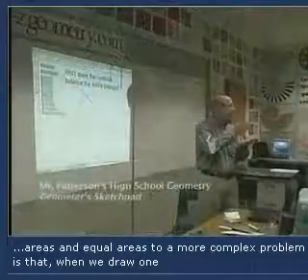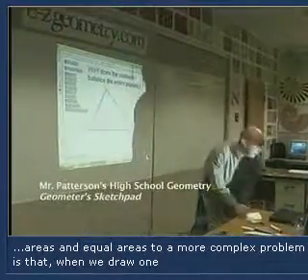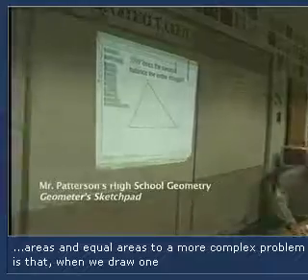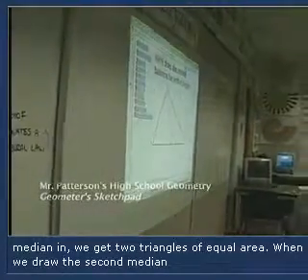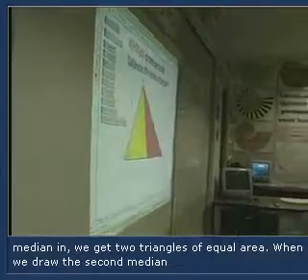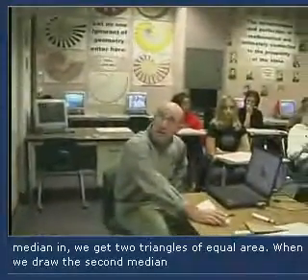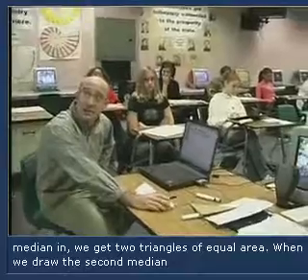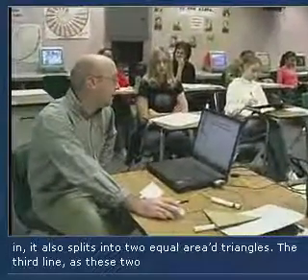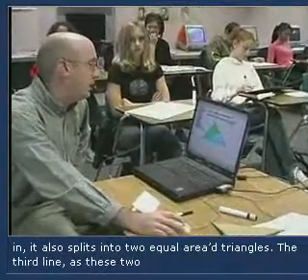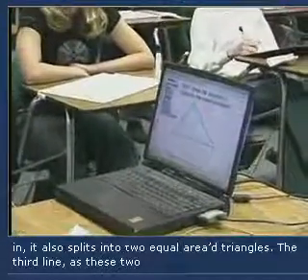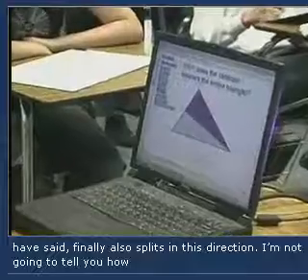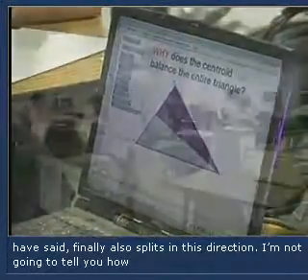Areas and equal areas to a more complex problem is that when we draw one median in, we get two triangles of equal area. When we draw the second median in, it also splits into two equal-area triangles. The third line, as these two have said, finally also splits in this direction.